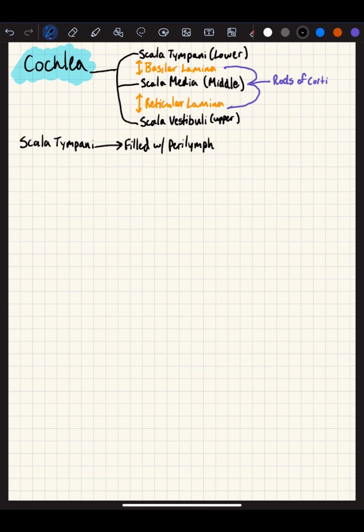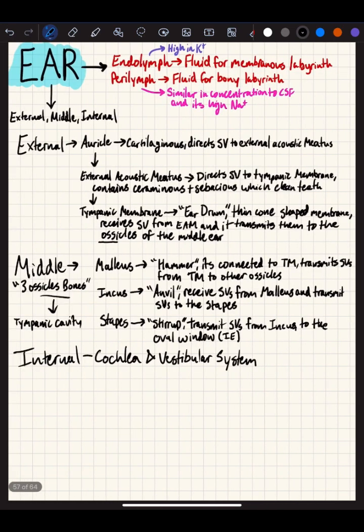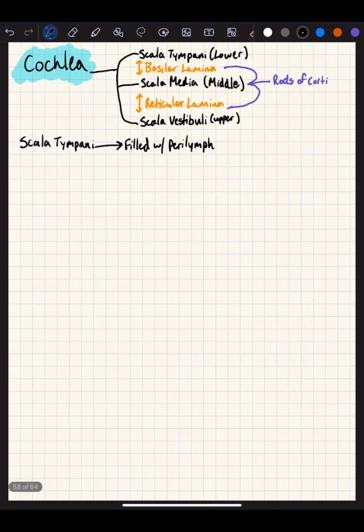A quick gather back to what we said. Perilymph, it's for the bony labyrinth, remember? So this is going to be filled with perilymph, which is for the bony labyrinth, and it's very similar in concentration to cerebrospinal fluid. And it connects to the oval window.